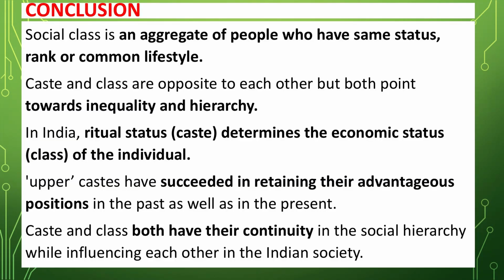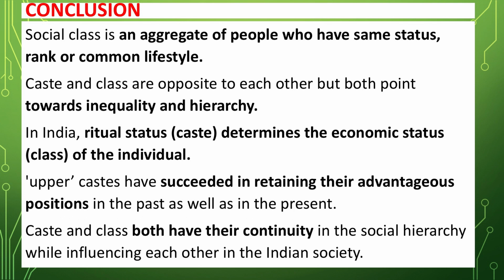Coming to the conclusion, it is important to understand that class structure, which was not very prominent during ancient or medieval days, became very prominent during the modern or postmodern period. Now, class is becoming more clear and more prominent at the social front, but earlier it was submerged into the caste system.